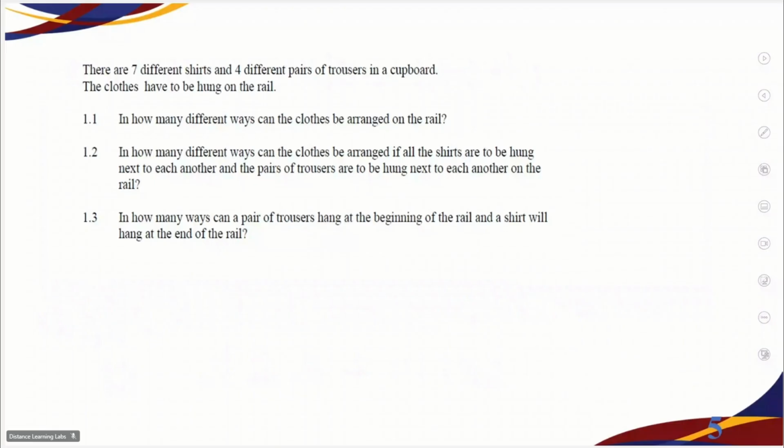Okay, the second example that we have then. Again, there are items that we are arranging. This example says there are 7 shirts and 4 different pairs of trousers in a cupboard. The clothes have to be hung on the rail.